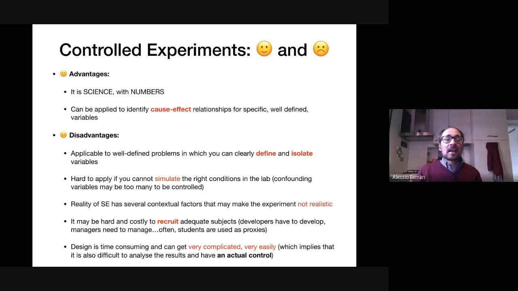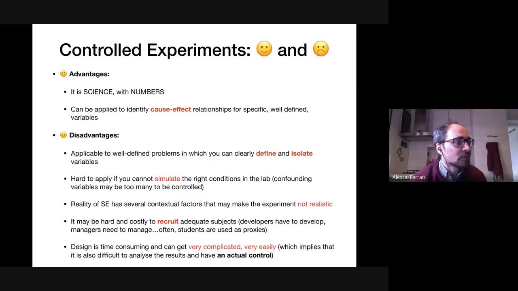And they are hard also if you cannot simulate the right conditions in the lab. So the confounding variables may be too hard to control, so the other variables that may impact the dependent variable. And the other issue is that the experiment is not realistic.